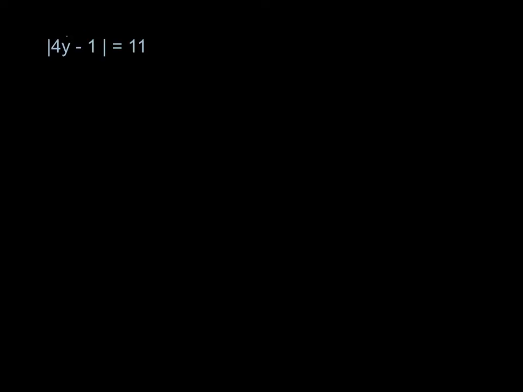I would like you to pause and try this one on your own. Okay, the two equations you should have written are 4y minus 1 equals 11, and 4y minus 1 equals -11.